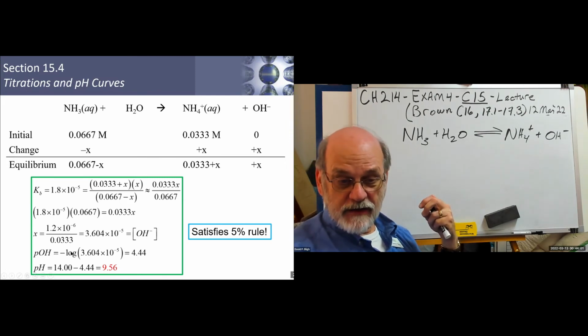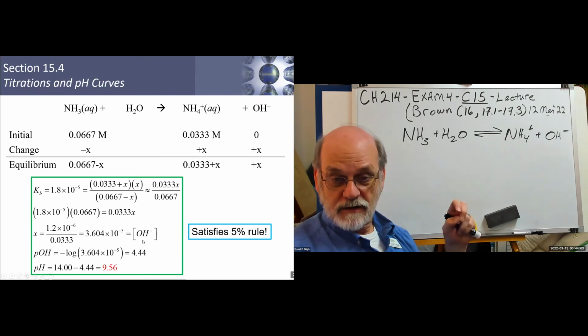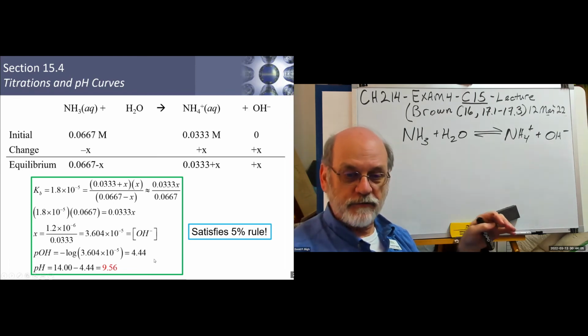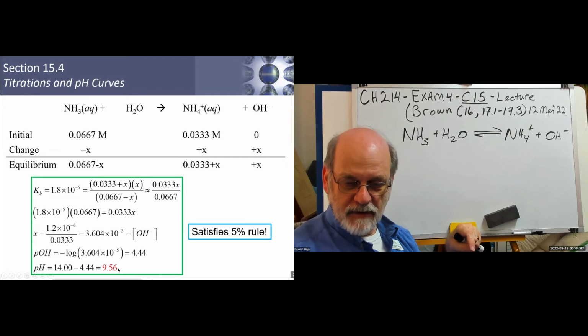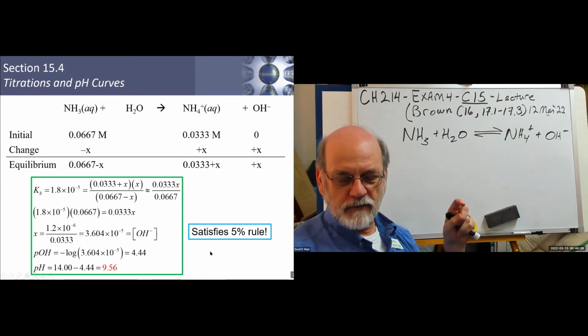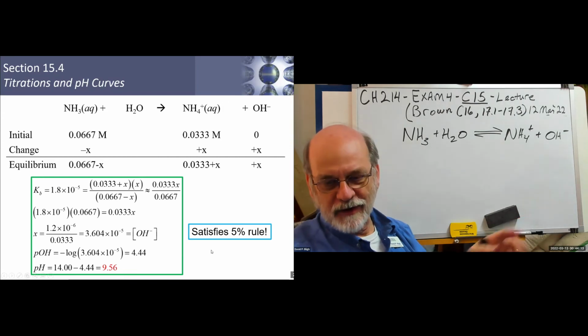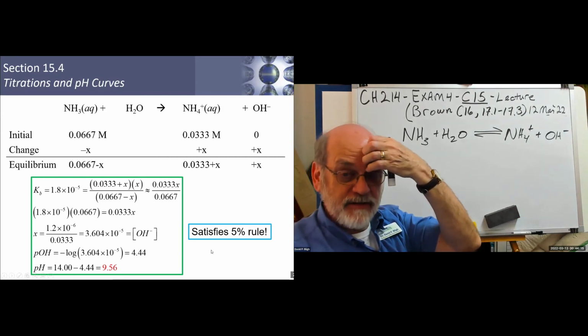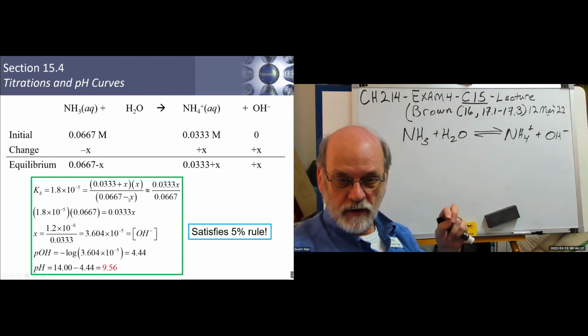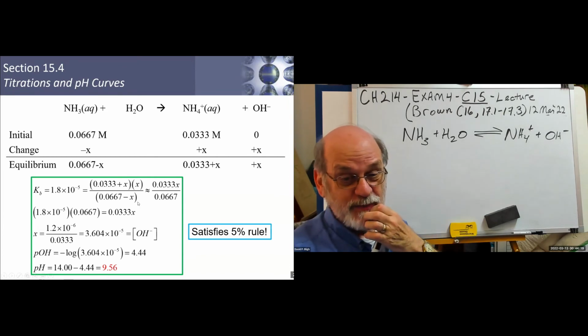And if we calculate the pOH, which we would do first and then subtract it from 14 to give us the pH, does that satisfy the 5% rule? Well, yeah, I did the calculation off camera, and it does satisfy the 5% rule. So we were correct in assuming that X is very small.